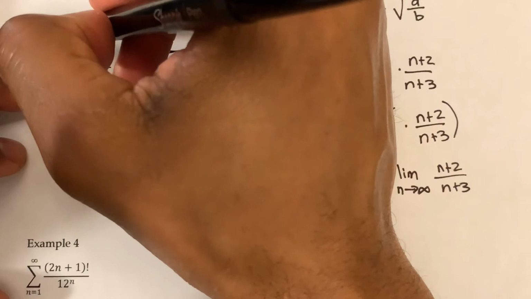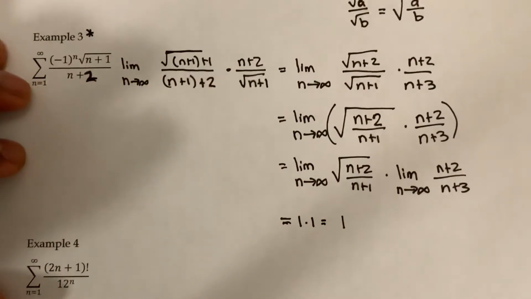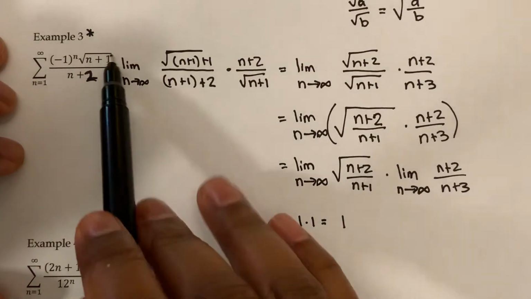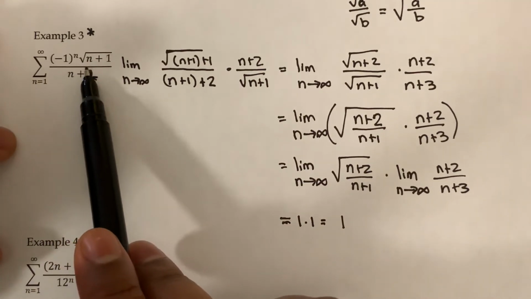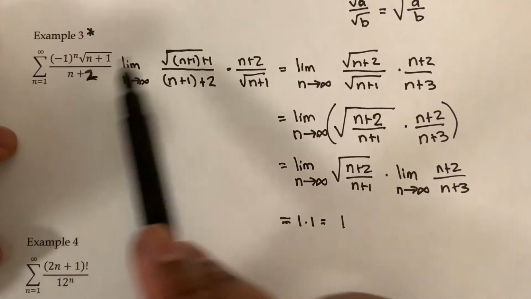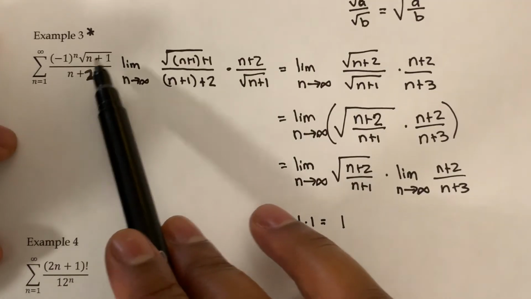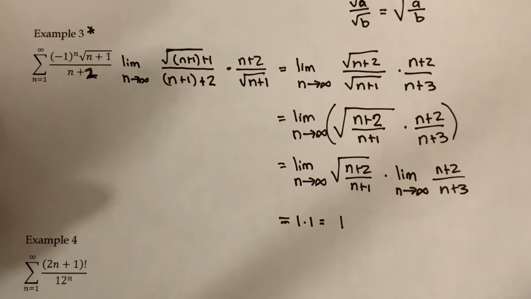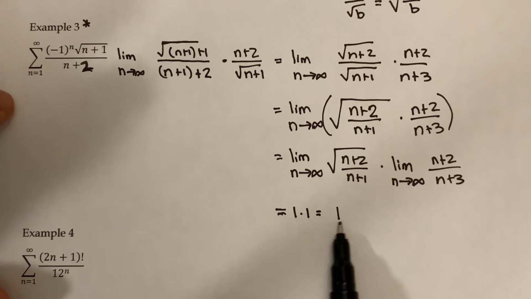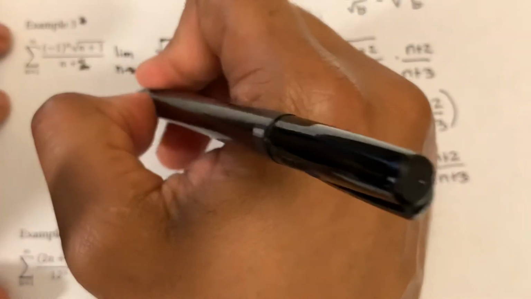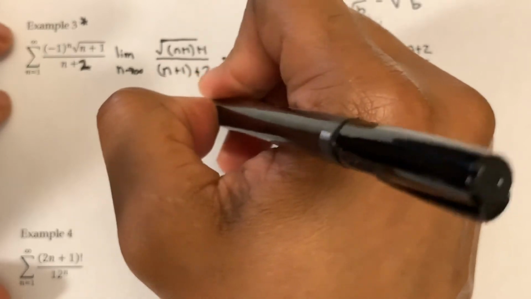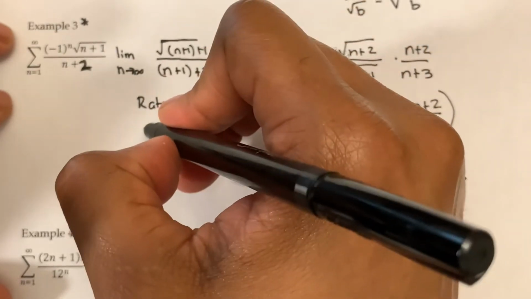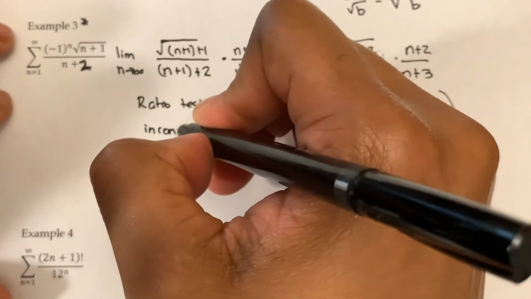And so in a later video, we'll talk about how you can test the convergence or divergence of a series like this. It's called the limit comparison test or direct comparison, and we'll talk about it in another video. But in this case, we get 1, so we would just say ratio test is inconclusive.